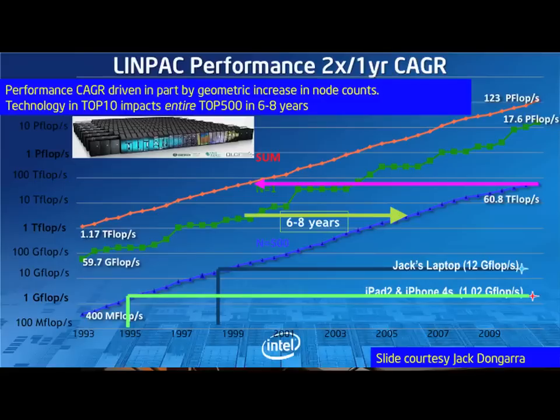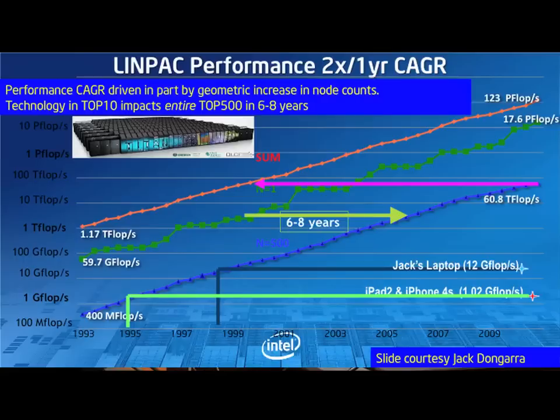So where does that other 2x every 2 years come from so that we can keep going at 2x every year? Well, it comes from larger systems. And those larger systems mean more sockets, more processors. That's why Intel is very interested in high-performance computing. But it also means very much larger systems, as you see the Jaguar system there at Oak Ridge.